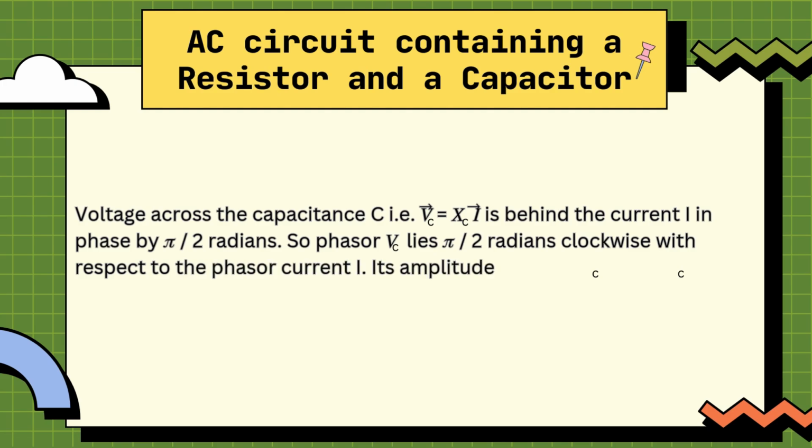So this voltage is behind the current in phase by pi by 2 radians. So the phasor of voltage across the capacitor lies pi by 2 radians clockwise with respect to the phasor current I. So this represents the amplitude of the voltage across the capacitor.